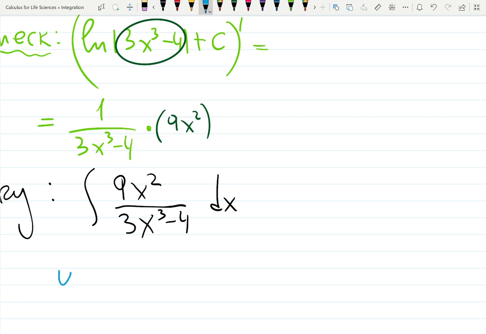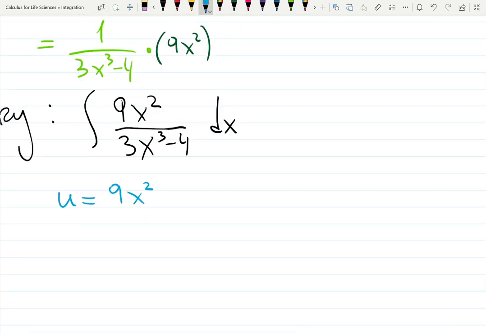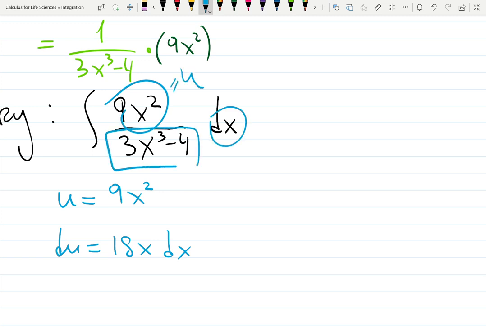But if I choose u to be 9x squared, du will be 18x dx. This will be u, dx will be changed, but this one does not go away anywhere. And you end up still having a complicated denominator which did not go away and did not become simple. And that's how you know you're stuck.